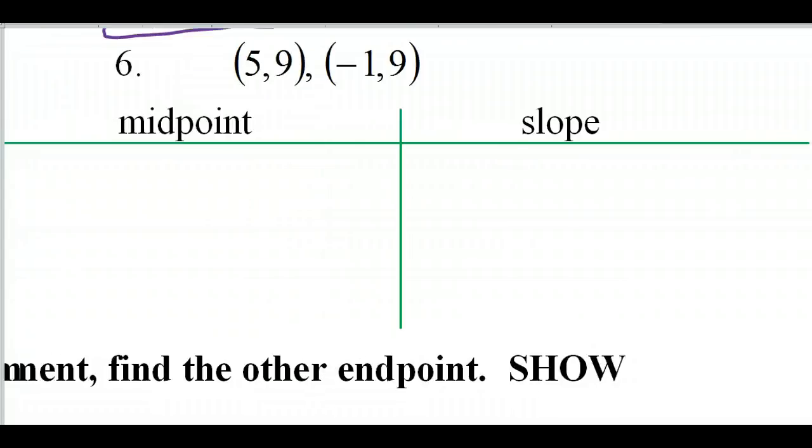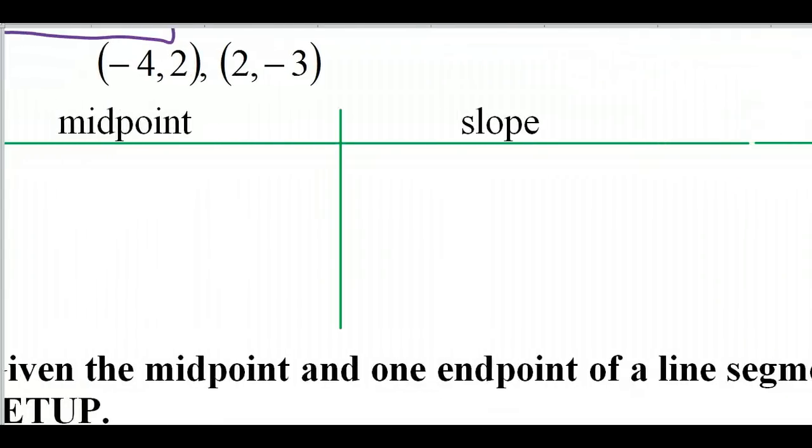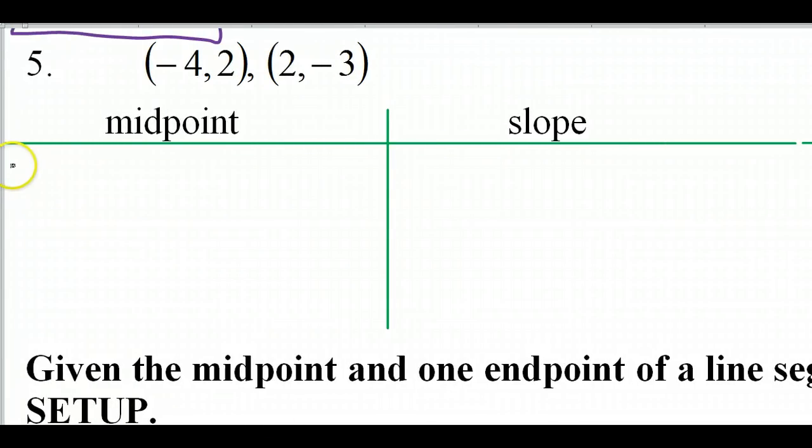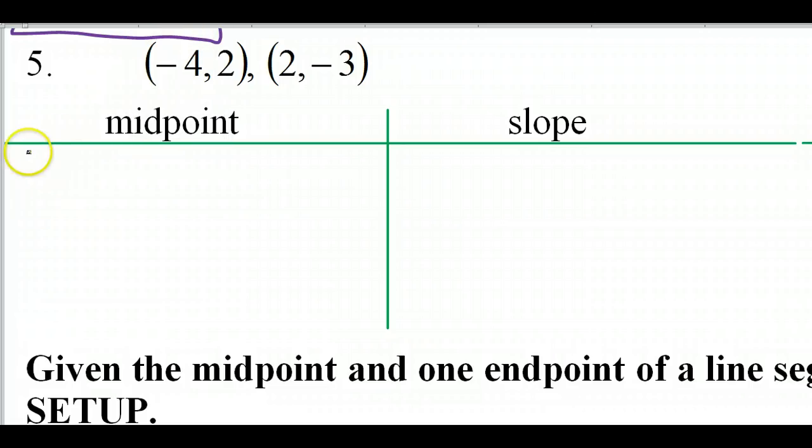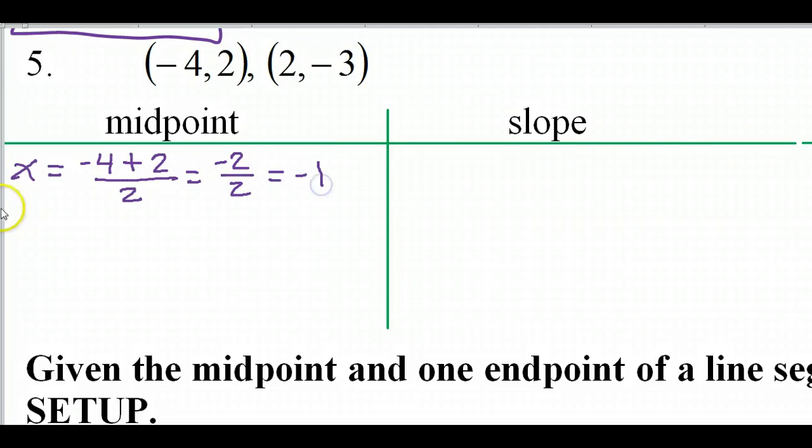Okay. How about number 5? Okay. I think I should make this slightly smaller. So for the x values, average of the x's, so negative 4 plus 2 divided by 2. That's going to give me negative 2 divided by 2, which is negative 1.